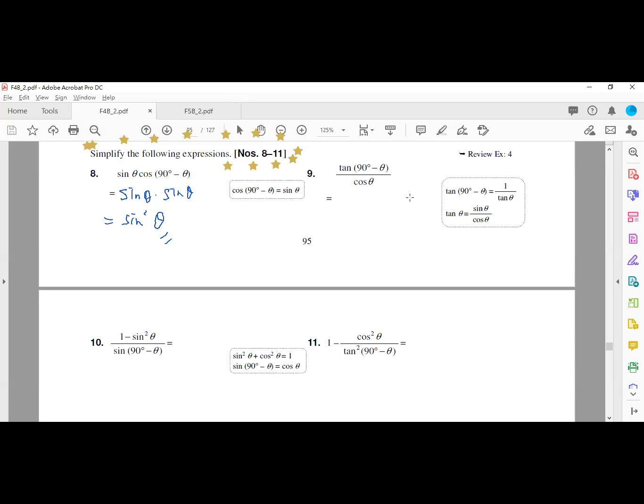Again, we need to handle the tangent 90 degrees minus theta first, which means that we need to copy the cosine theta. Okay, 呢個 step 我淨係想將 tangent 90度減 theta 改變，係咪用第5條 identity 啊？Okay, it becomes 1 over tangent theta.